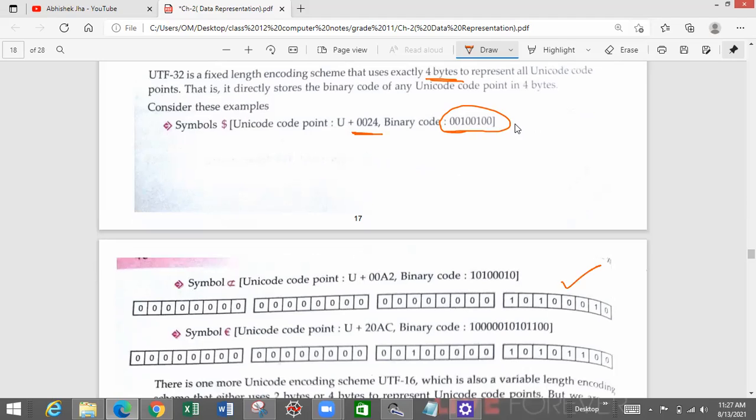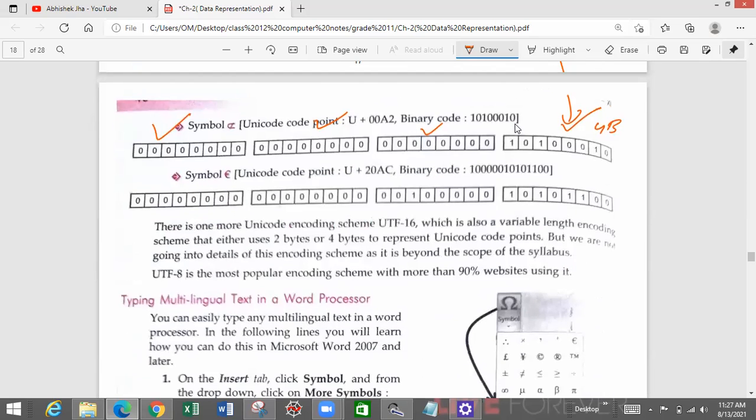See, this is the bit pattern that I represented, same thing. The rest I have added as 0 in the beginning, so that now it is a 4-byte representation. In the same way, if you want to represent 20AC, this is the representation, and this part is the representation up to 14 bits. Rest, all the bits are filled with 0.